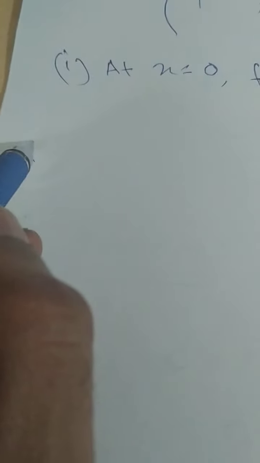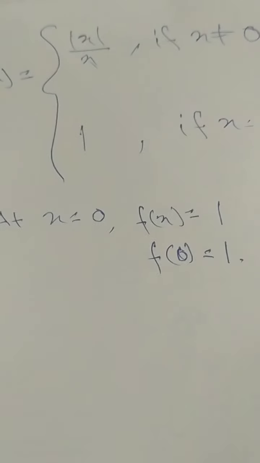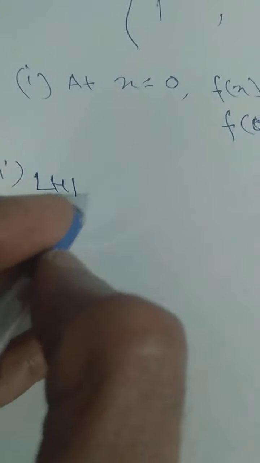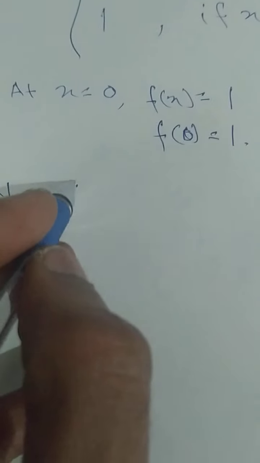Then the next step is we are going to consider the limits of this function. As you all know, in the case of a modulus function, we are going to consider the LHL as well as the RHL.